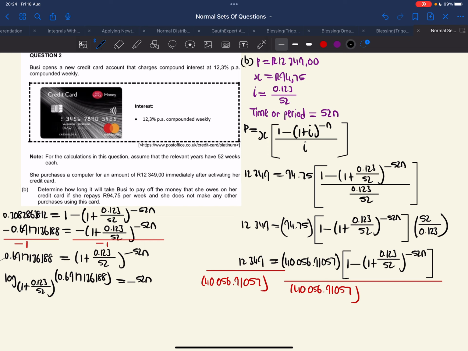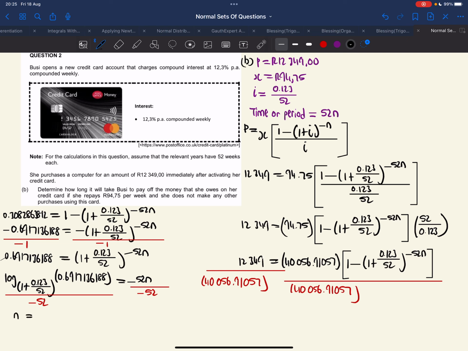Then you divide both sides by minus 52, and at the end you should have an answer for n.